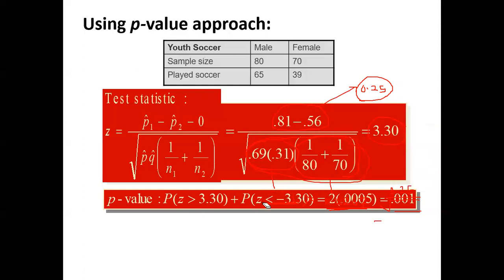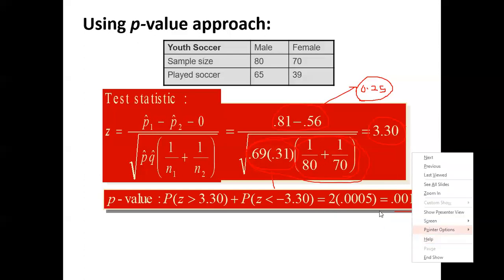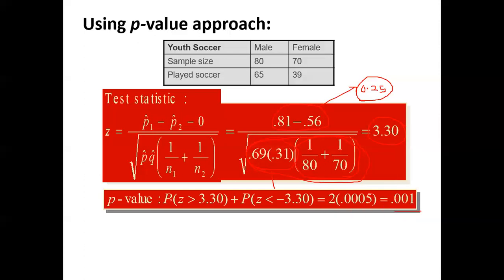Let's say using a p-value approach. So by using a p-value approach, the p-value should be P(Z greater than 3.30) plus P(Z less than negative 3.30). Okay, if you draw the graph, it could be like this.